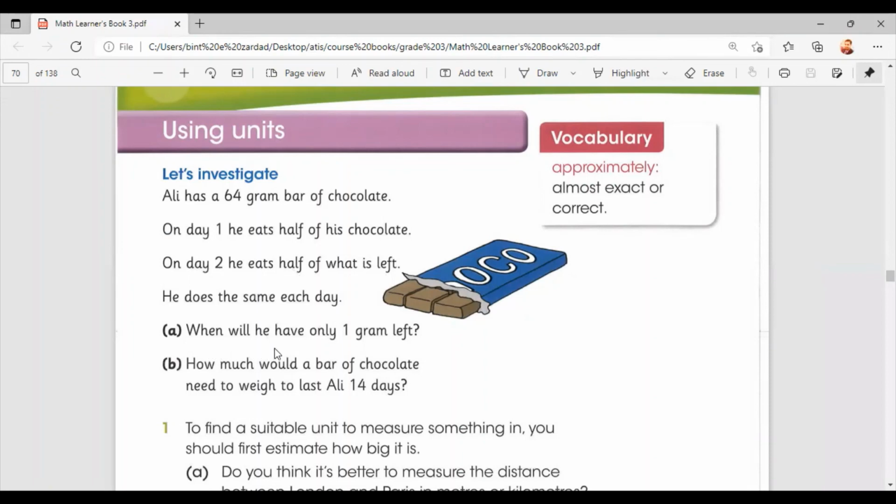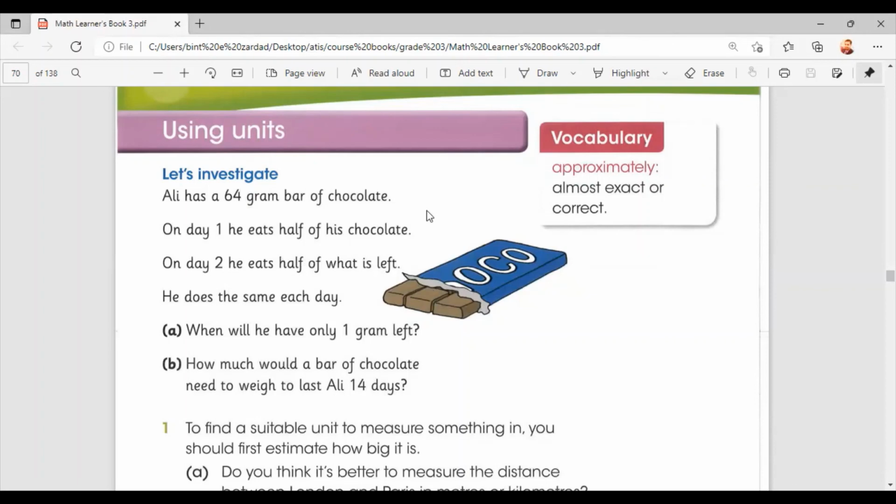Okay, when will he have only 1 gram left? So he has 64 grams of chocolate. So obviously six days. On one day he eats half of the chocolate. So it means the sixth day, you can say.